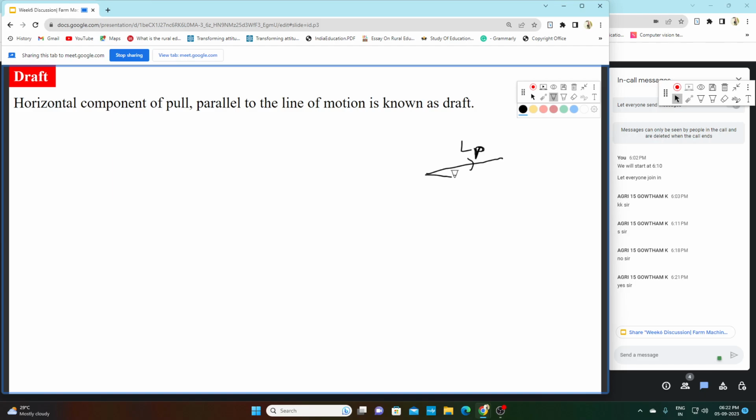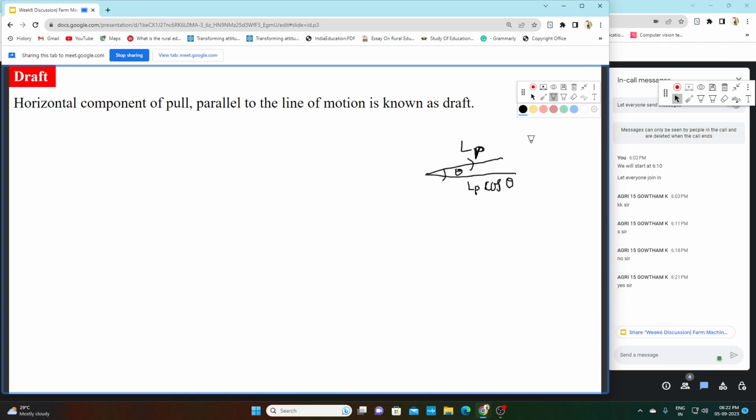Draft is the horizontal component of pull. If this is the theta value, the line of pull is making an angle theta with the horizontal. So LP cos theta will be your draft.